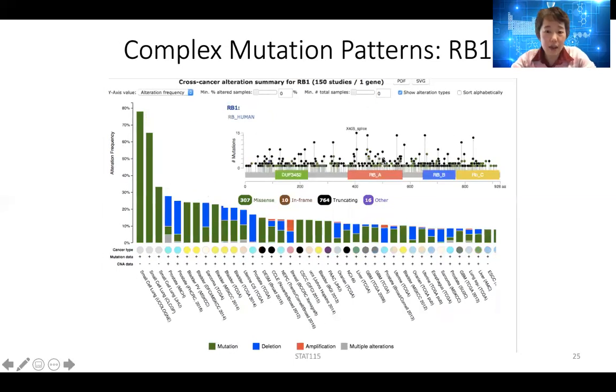So this one is kind of more complex. If you look at this mutation, it's kind of all over the place. And also you see a lot of these missense mutations. Green is missense mutation. Missense mutation means that it's an amino acid change. There are also many truncating mutations from the beginning to the end. Truncating mutations mean that you're going to lose this gene.